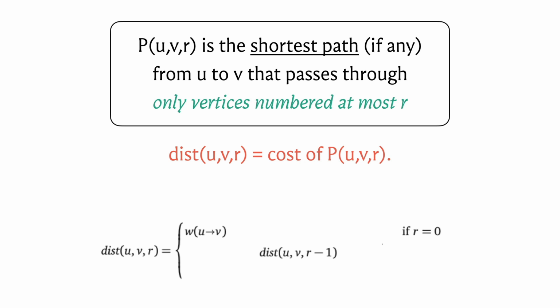But on the other hand, suppose it does use the vertex R, then you can split this path into two subpaths, the one that goes from U to R and the other that goes from R to V. And the costs of these paths, notice that they're only going to use vertices whose labels are at most R minus 1, because as we just discussed, vertices are not going to repeat because we don't have negative edge weights, so all optimal paths are simple.